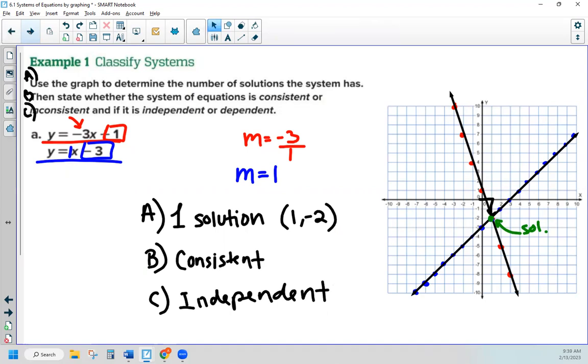That right there. And what does that mean? We've talked about, okay, cool, they cross there, but what else does that mean? That means that there's an infinite amount of blue points, right? And an infinite amount of red points.